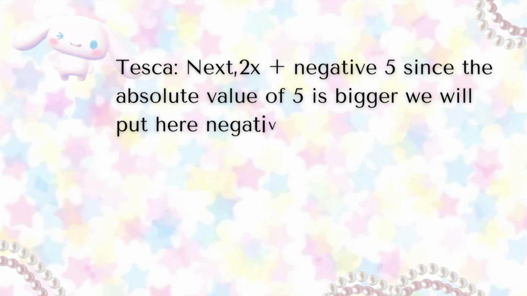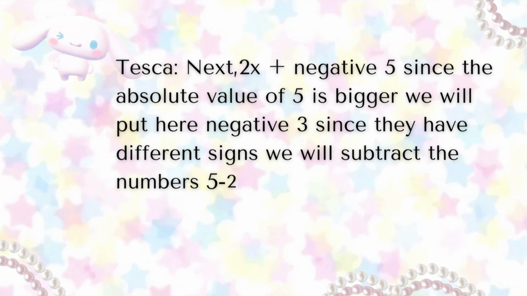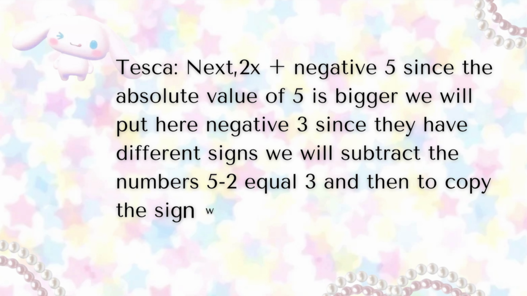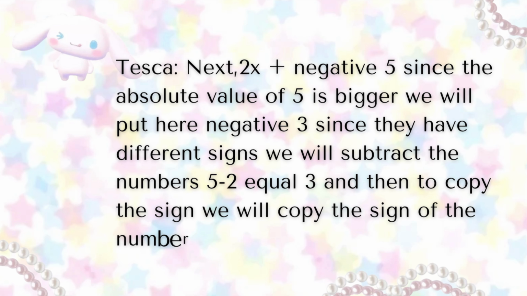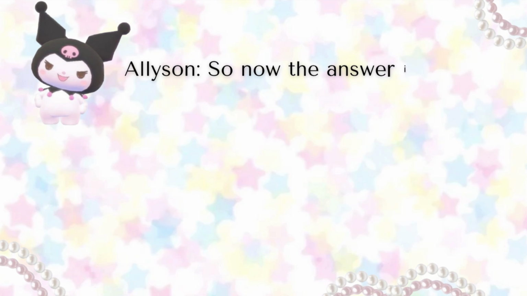Since the absolute value of 5 is bigger, the answer will be negative 3. Since they have different signs, we subtract the numbers, 5 minus 2 equals 3. Then we copy the sign of the number with the biggest absolute value. So now the answer is 3x² − 3.